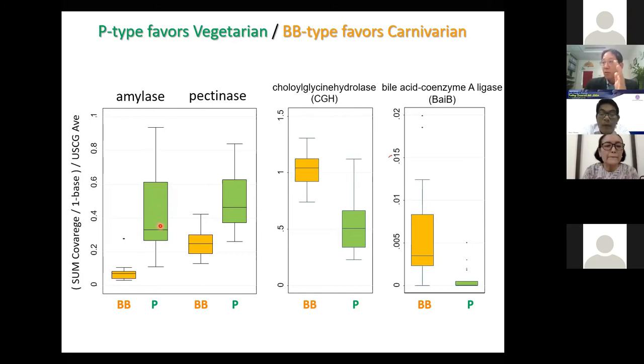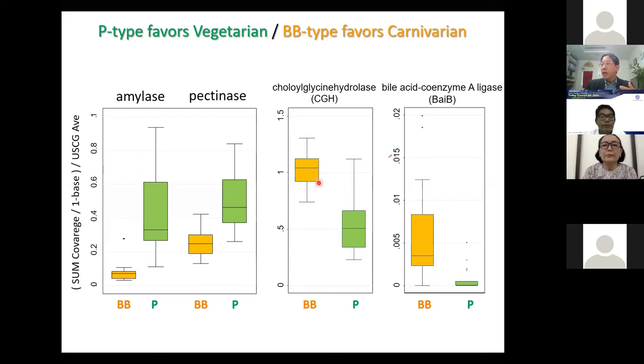Green comes from the P type, and orange comes from the BB type. In the P type, there are amylase and pectinase. These are the enzymes which digest plant polysaccharides. So this is telling us that the gut microbial community of the P enterotype is more active in the digestion of plant polysaccharides.